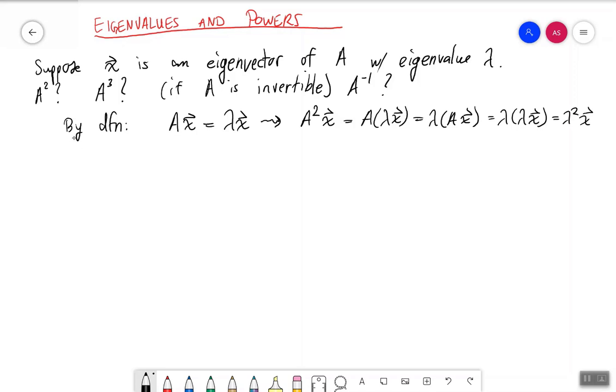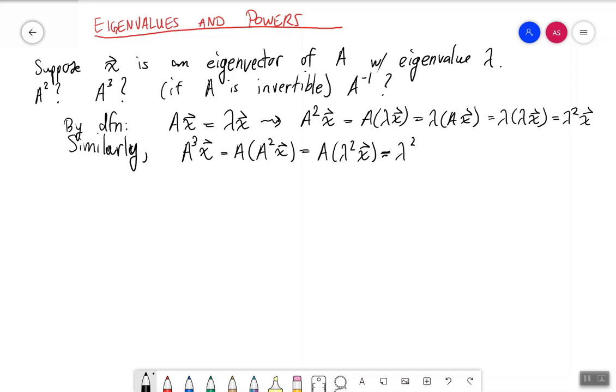Similarly, A cubed times x is A times A squared x, which is A times lambda squared x, which is lambda squared times Ax, which is lambda cubed times x.